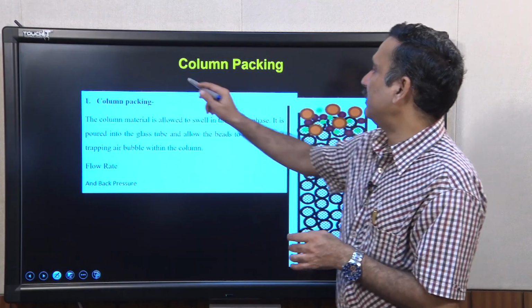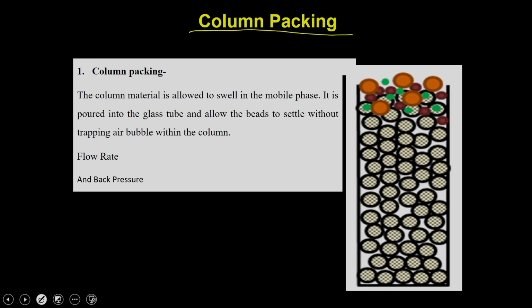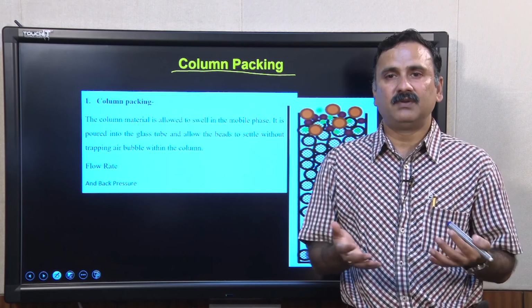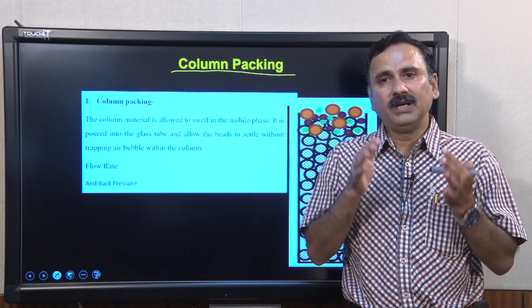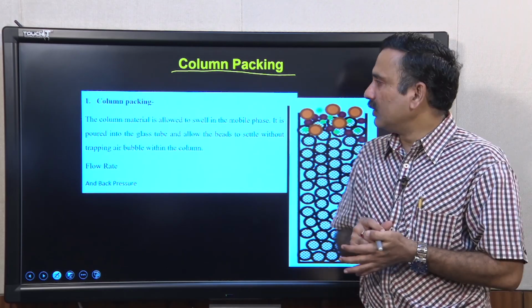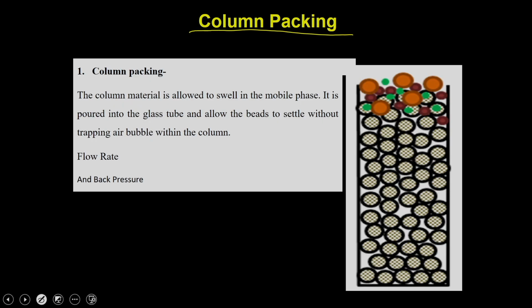Now, how do you perform gel filtration chromatography? The first and most important component is the column packing, because gel filtration chromatography depends solely on how well you pack the column. As we discussed in ion exchange chromatography, you get the column material either pre-swollen or as a powder.